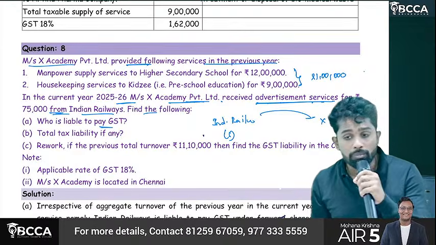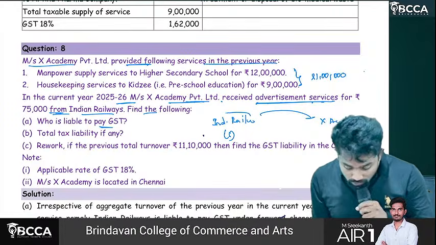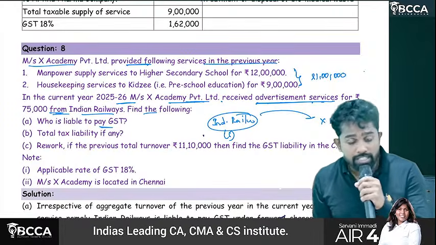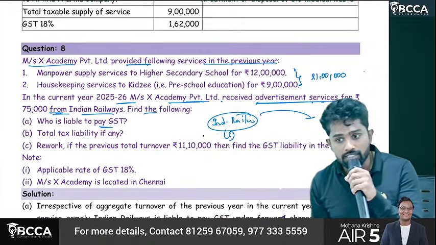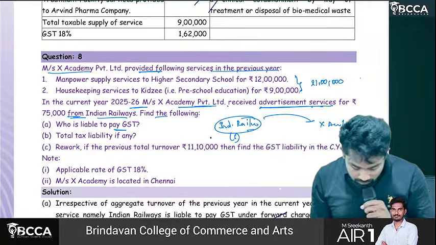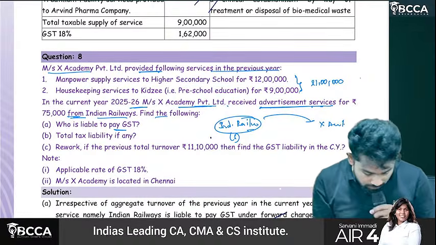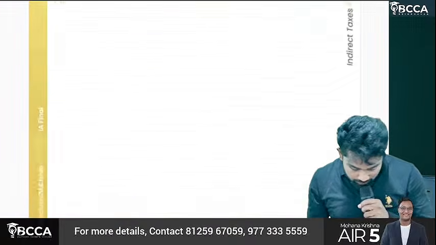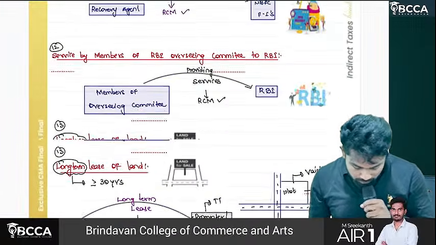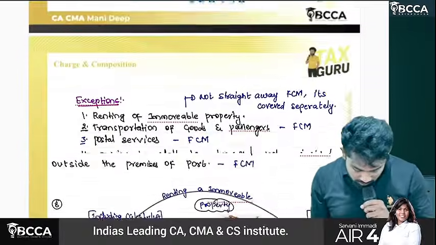Sir, when the government provides any services, they are covered under what? RCM, but it excludes Indian Railways. So if Indian Railways is providing any services, then they are covered under FCM only. We wrote under RCM only transportation, but it should be clear: Indian Railways is an exception.